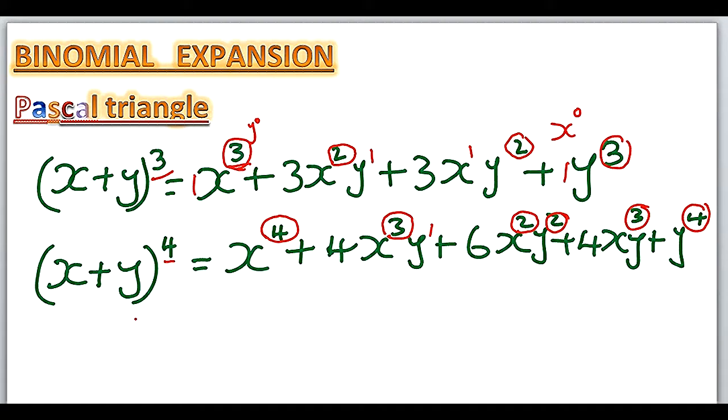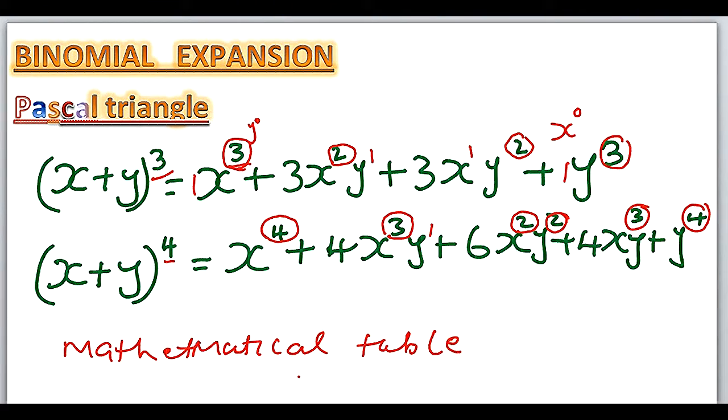Note that since we have generated the Pascal triangle, you don't need to do that every time you are expanding. It is available in your mathematical tables. If you check, you'll be able to see the binomial expansion, which we refer to as Pascal triangle.